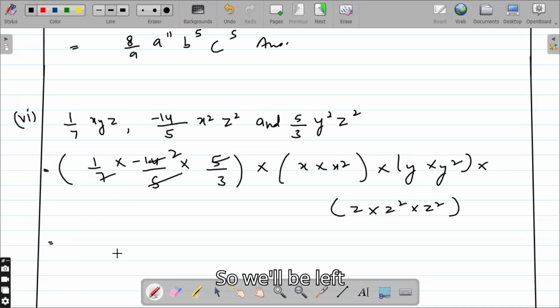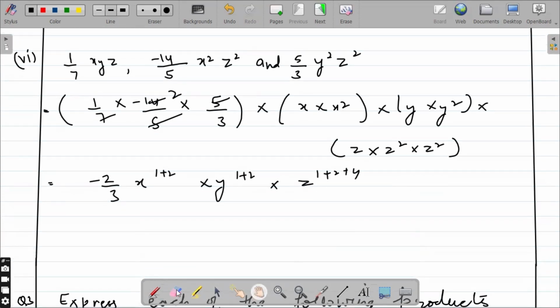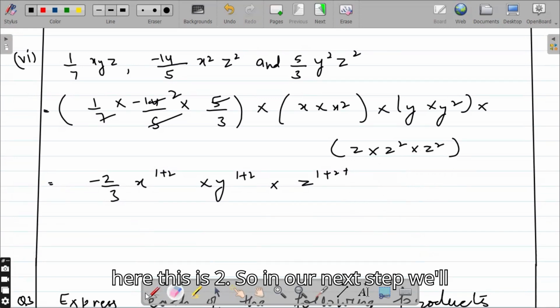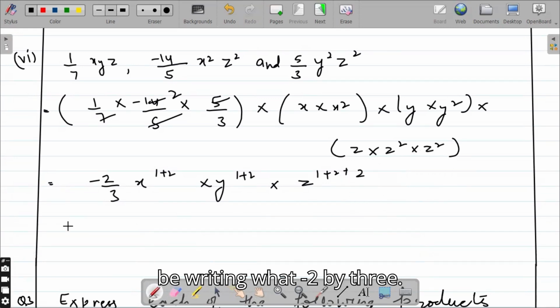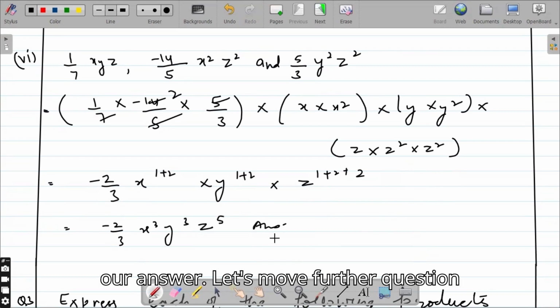So we'll be left with minus 2 by 3, x^(1 plus 2) into y^(1 plus 2) into z^(1 plus 2 plus 2). So here this is 5. So in our next step, we'll be writing minus 2 by 3, x cube, y cube, z^5. This is our answer. Let's move further.